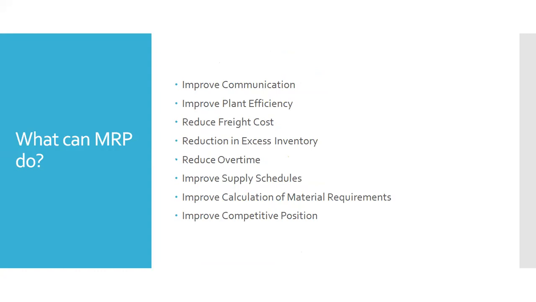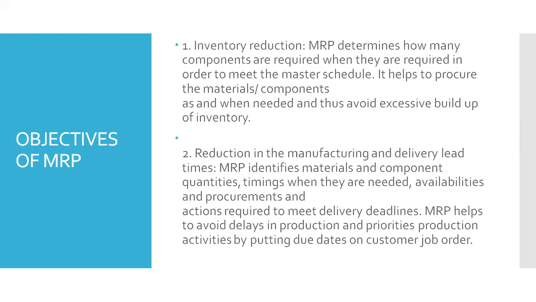It will improve the communication, improve the plant efficiency, reduce the fleet high cost, reduce the excessive inventory. It will reduce the overtime, improve the supply schedules, improve calculation of material requirements, and improve the competitive position.